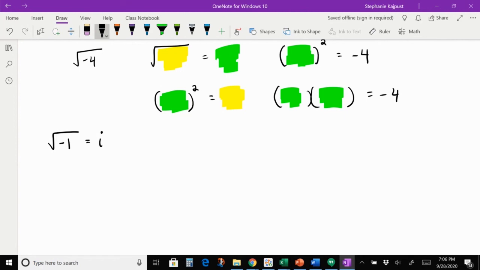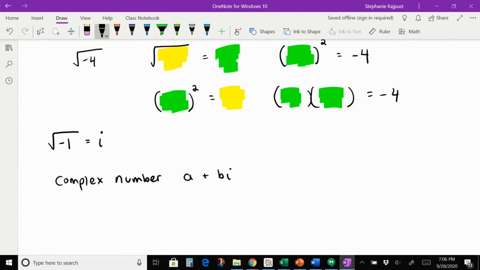It has a very misleading name. That's sort of why it's been expanded beyond just an imaginary number to what we call complex numbers. A complex number is where you have a real part plus an imaginary part.